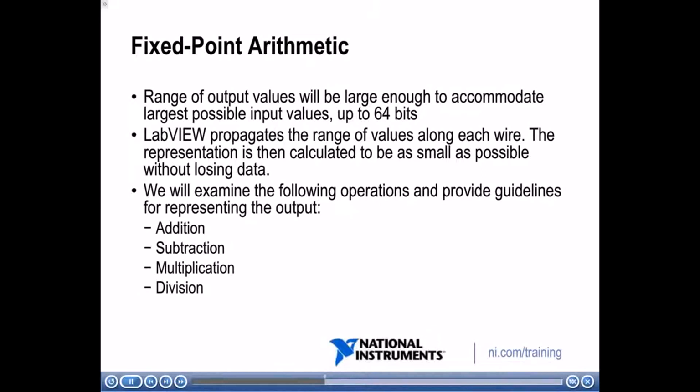But at the same time, LabVIEW is going to keep that growth to a minimum. So it's going to be large enough not to lose any data by default, and it's going to use the smallest configuration that is able to accomplish that. So let's take a look at a couple of examples. In the next couple slides, we'll talk about how that works with addition, subtraction, multiplication, and division, and you'll see more specific examples.